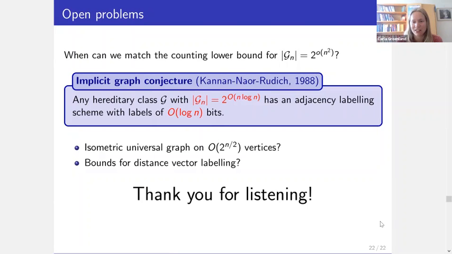I haven't checked that actually. I guess Noga will know. You're muted, Noga. Probably not, I think, because they just use labeling schemes. So probably it's not good for distance.